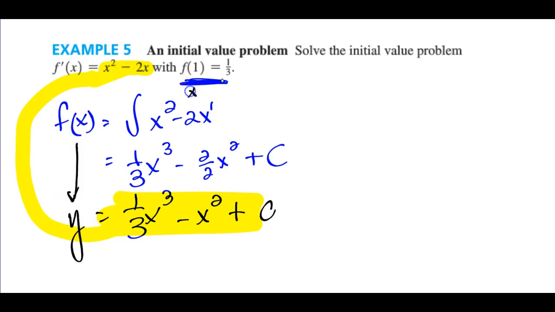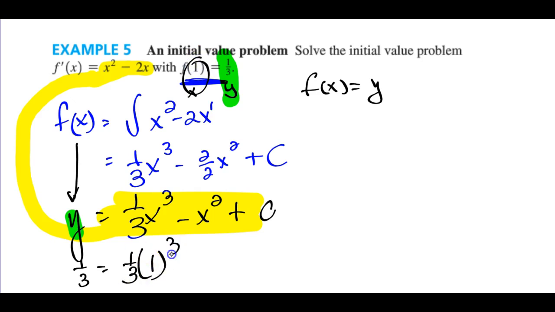Well, look, they gave me an x, they gave me a y. Because remember, it's always f of x equals y. So I'll let y be the 1/3, and I'll let every x be a 1. And that way, I can solve for c.